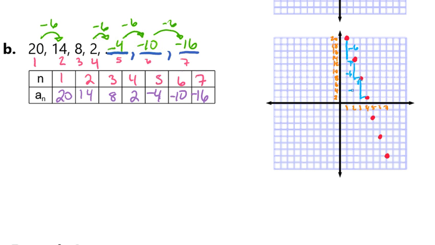So here we see that they've got a slope. They all have the same slope. They have a slope of -6. -6 over 1, which is -6. Isn't that interesting? That seems to match our common difference.